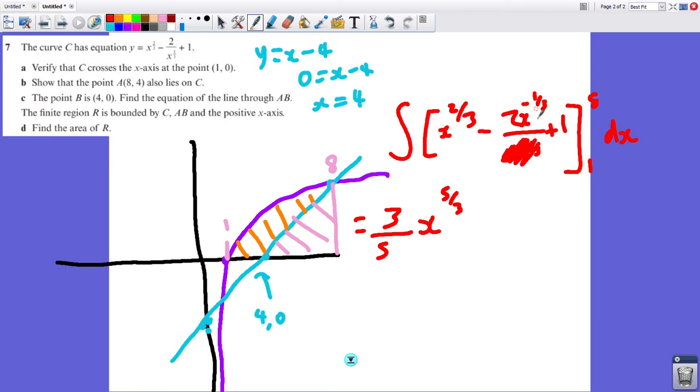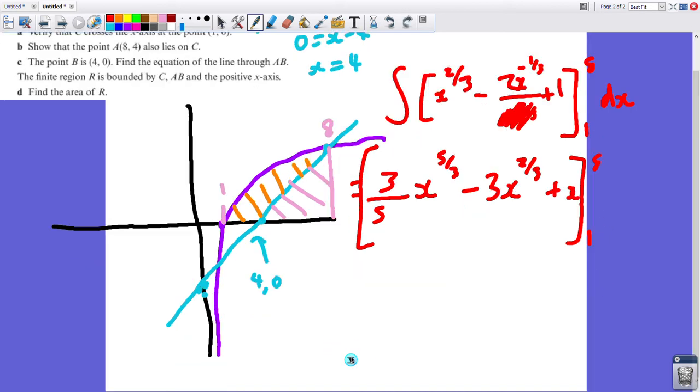Add 1 to the power to make it 2 over 3, then divide by the power, so we're going to do 2 divided by 2 over 3, which is the same as doing 2 times by 3 over 2, so that'll be 3, so minus 3 lots of x to the power of 2 over 3, and then 1 integrated becomes just x between the values of 8 and 1.